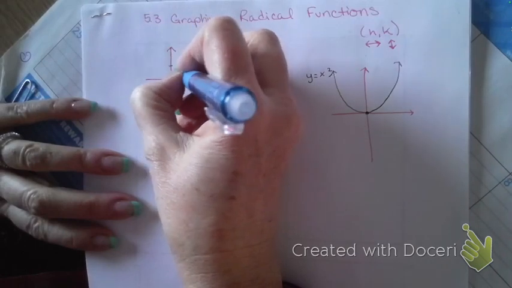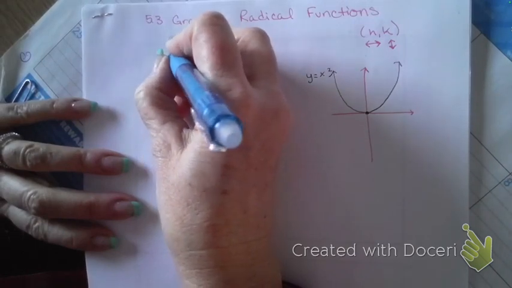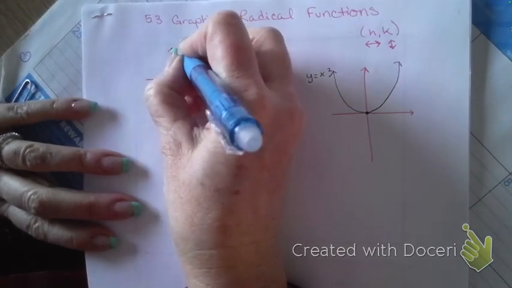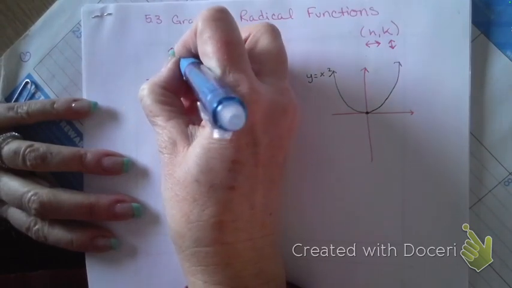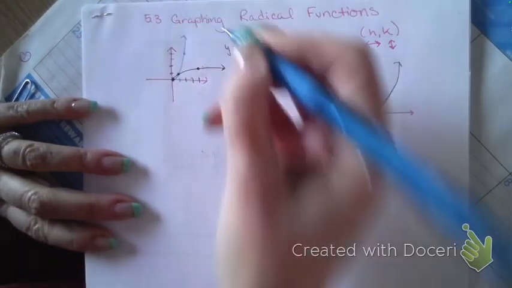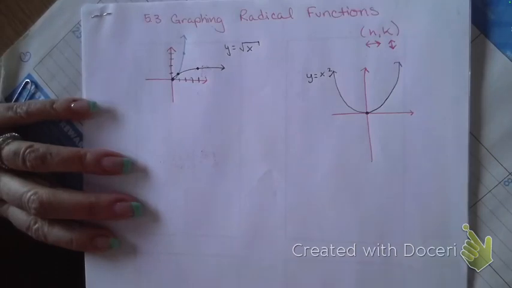Okay. So if I put them both on the same graph, what's 1 squared? 1. And what's 2 squared? 4. So if I put them both on the same graph, but only the positive numbers, look at them. Are they inverses of each other? It's inverted.